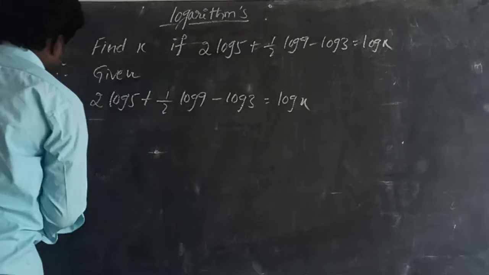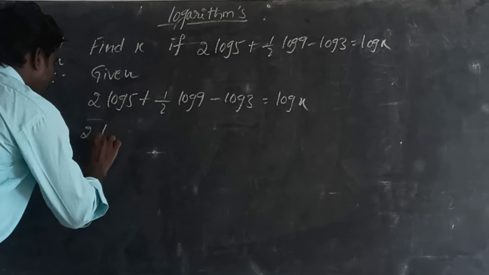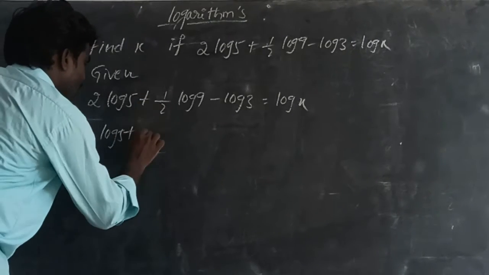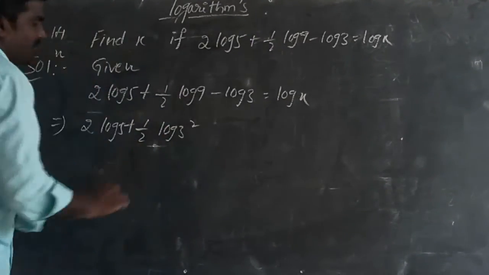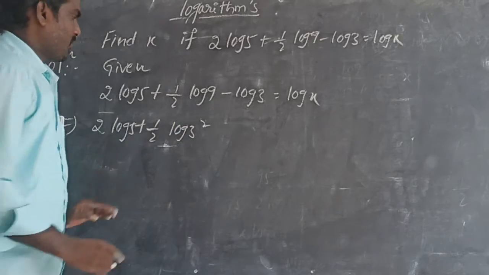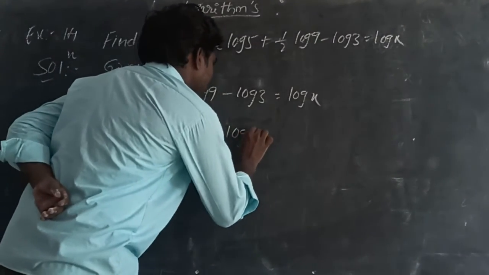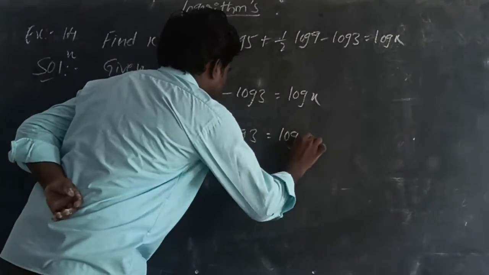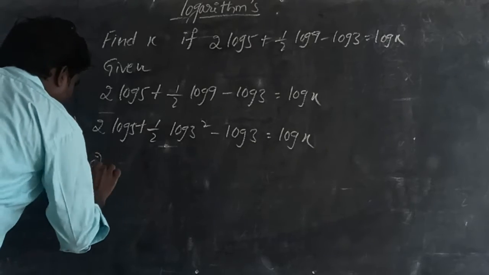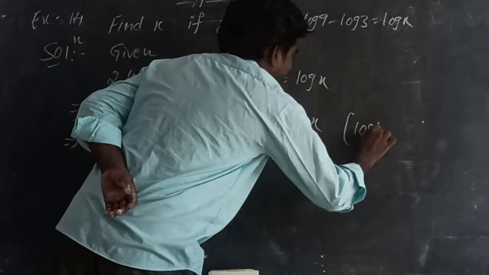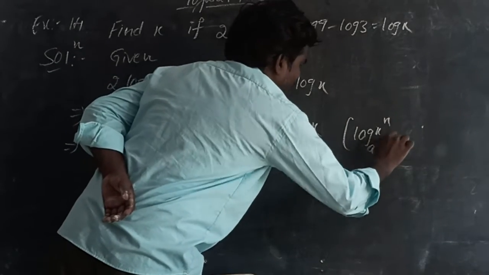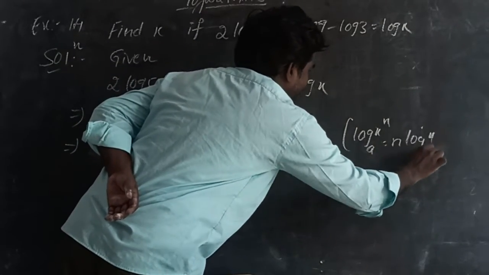Here, how can we write 9? 3 square, 3 into 3 is 9. Here for 2 log 5, we can use the formula log x power n base a is equal to n log x base a.